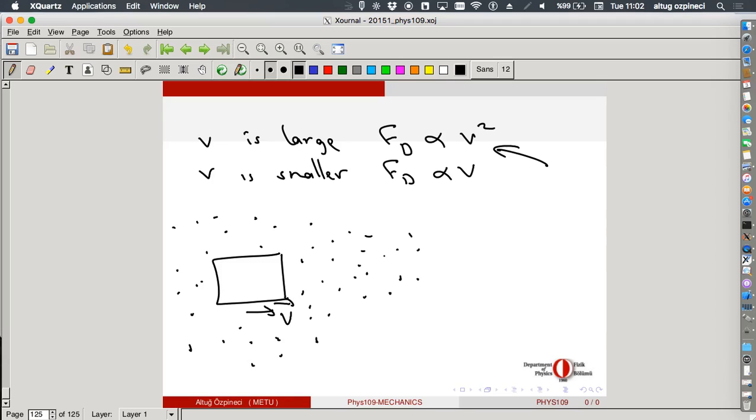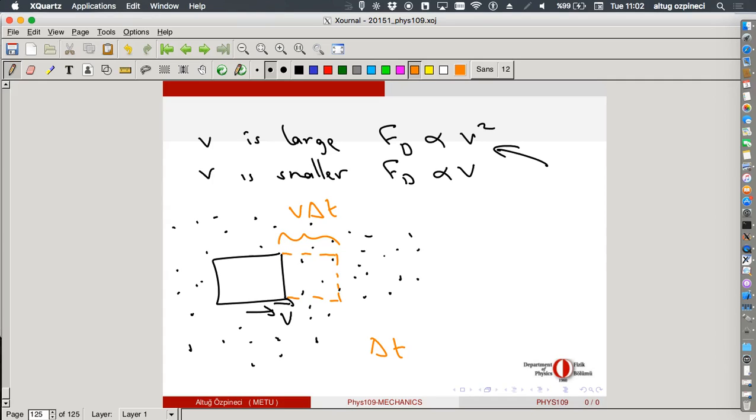If the velocity of our object is large, you can just ignore the velocity of the gas molecules; that will be small compared to the velocity of my object. So in a given time delta t, my object will move this much, and this side is just v times delta t, the speed times delta t.